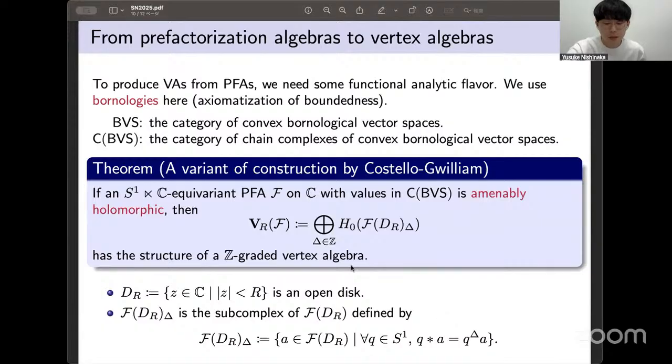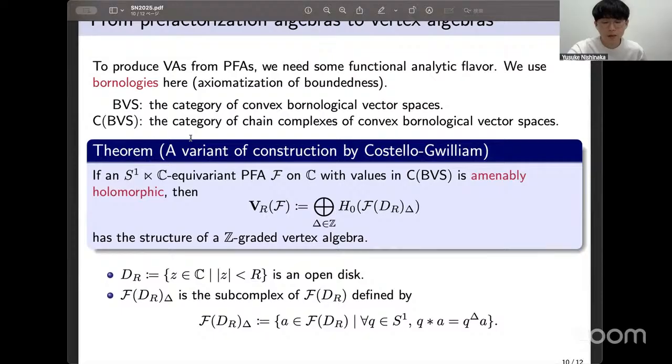Now, let me explain the relationship between factorization algebras and vertex algebras. To produce vertex algebras from prefactorization algebras, we need some functional analytic tools. There are several possible approaches, but here we use bornologies, which are an axiomatization of boundedness. Let BVS be the category of complex bornological vector spaces.